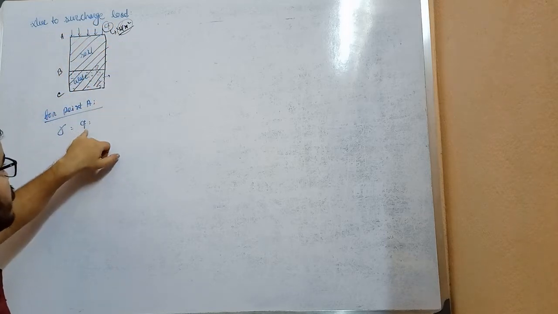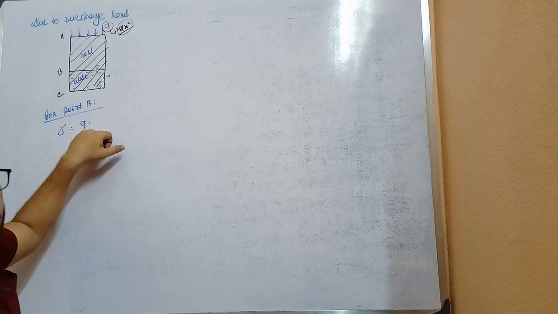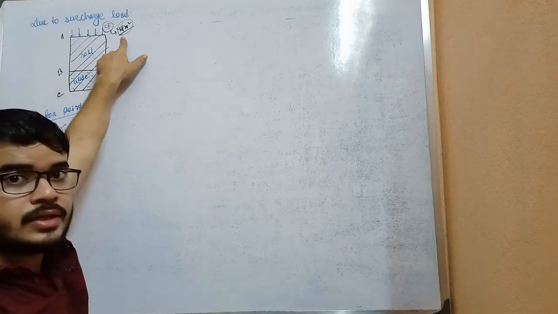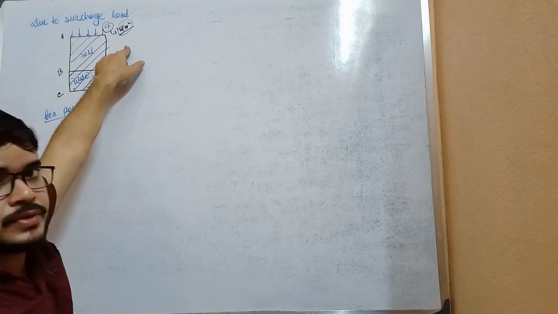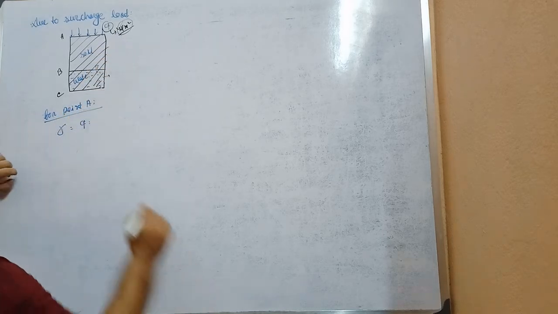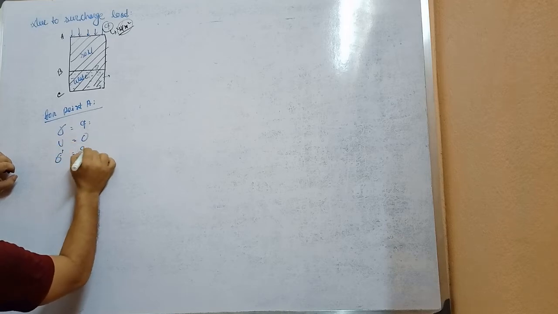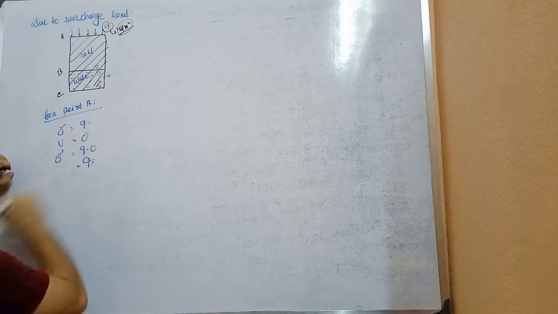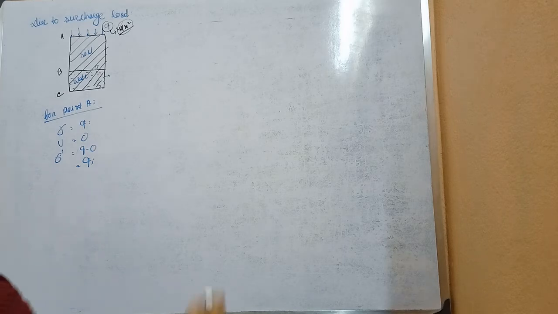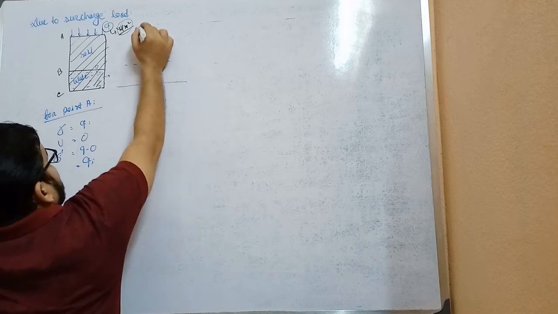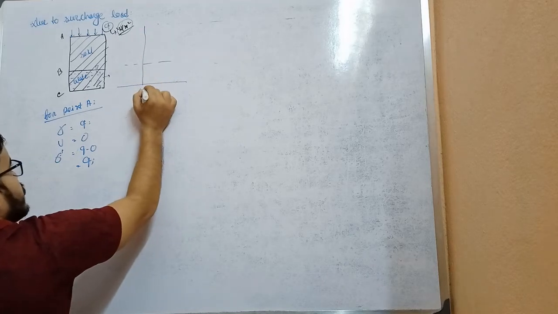Okay. Any height will not be multiplied with Q. Okay. As it is already Newton per meter square, the unit of stress is already there. Okay. And pore water pressure will be 0, effective stress will be Q minus 0, that is Q. Okay. So now draw the diagram. Total stress diagram.